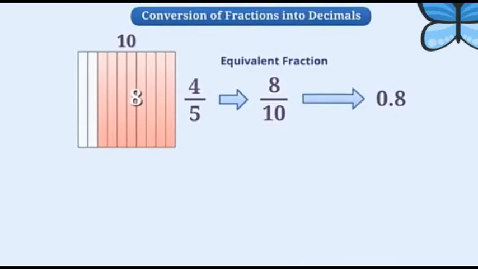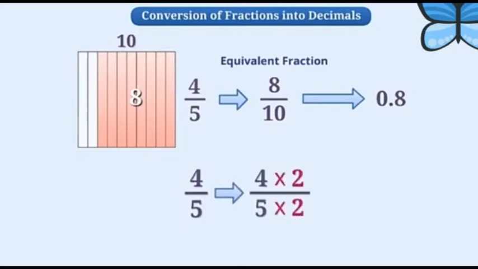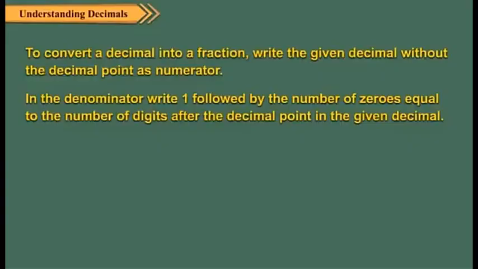Generally, to find the equivalent fraction of any fraction, we multiply the numerator and denominator of the fraction by the same number. So, 4 by 5 is equal to 8 by 10. 8 by 10 is equal to 0.8. To convert a decimal into a fraction, write the given decimal without the decimal point as the numerator.